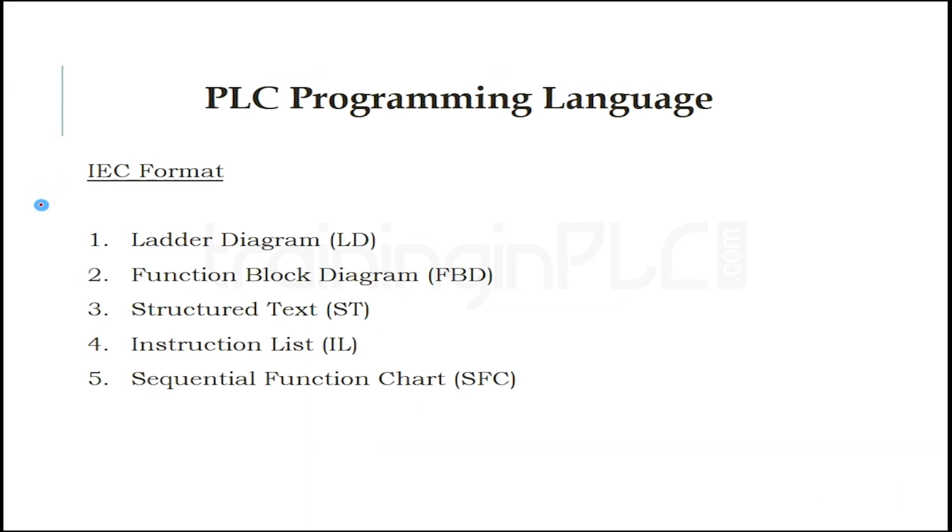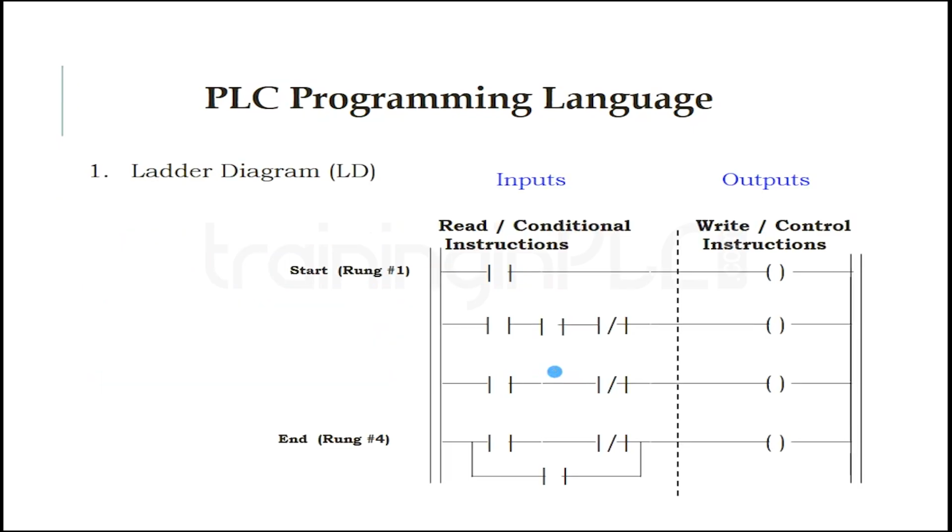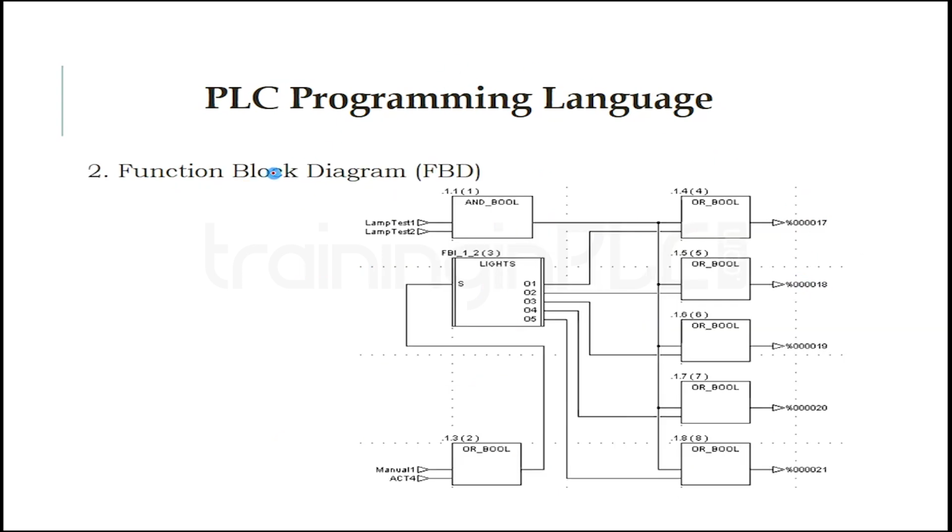There are 5 different programming languages in PLC: ladder diagram, function block diagram, structured text, instruction list, sequential function chart. Ladder diagram means by using the NO, NC, coil we write a program. Function block diagram means by using the logical blocks we write a program.